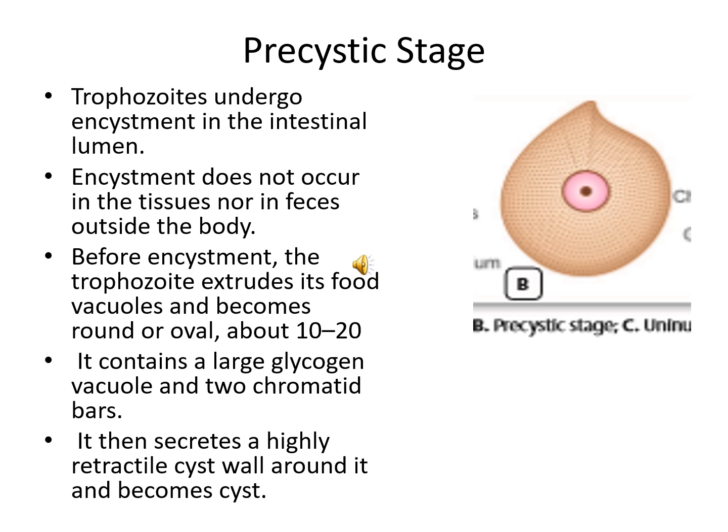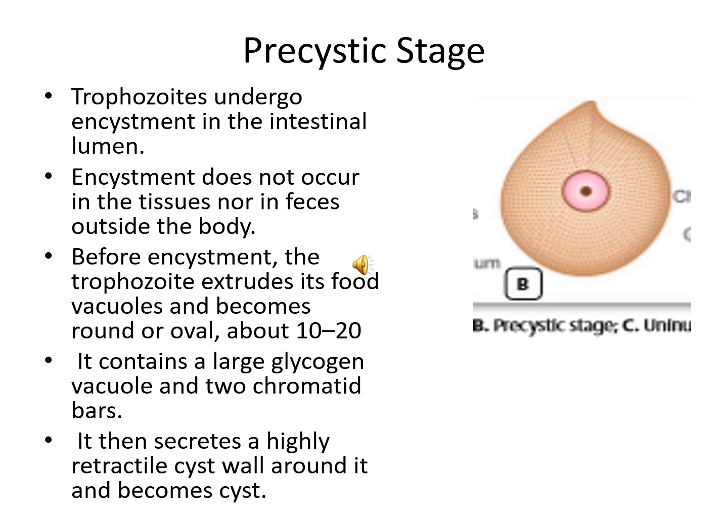This encystment stage occurs in the intestinal lumen, not in the tissues or outside the body. The precyst consists of a large glycogen vacuole and 2 chromatid bars.